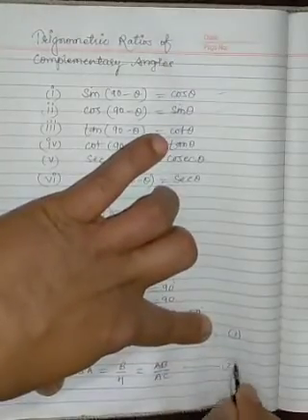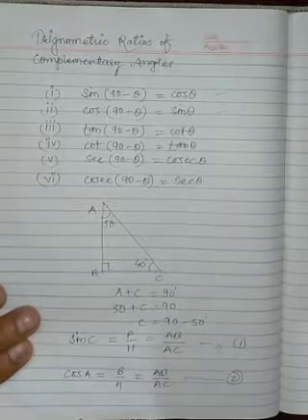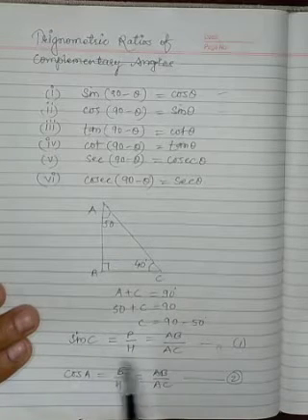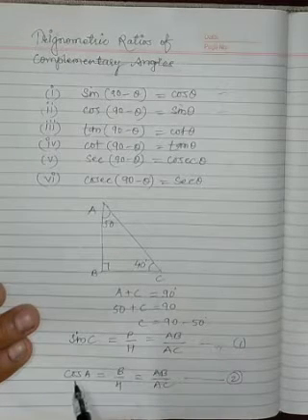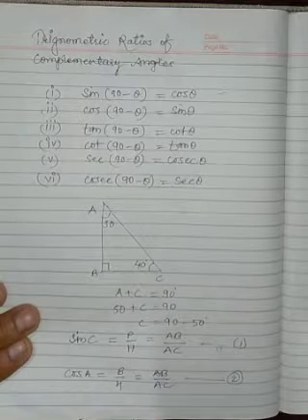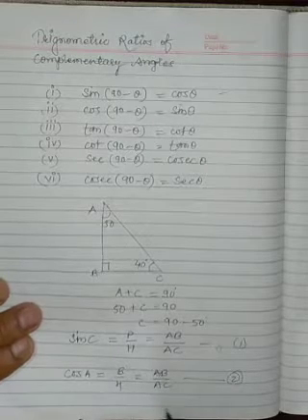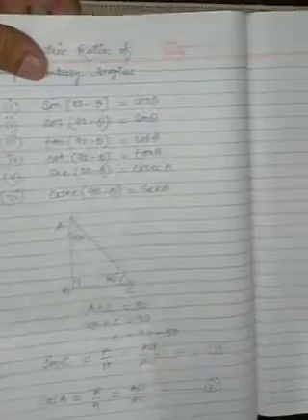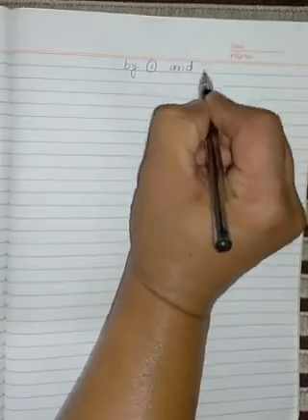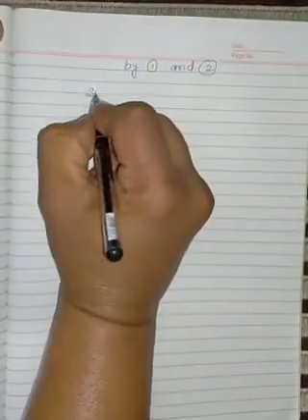Let this be equation number 2. So here sin C is AB upon AC, cos A is also equal to AB upon AC. That means by equating equation number 1 and 2, sin C will be equal to cos A.